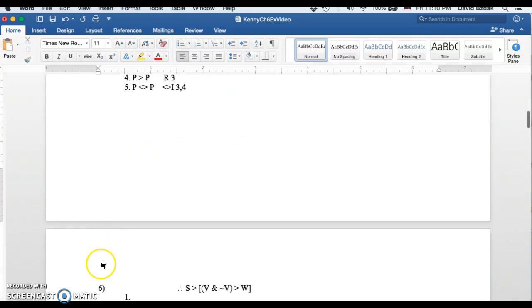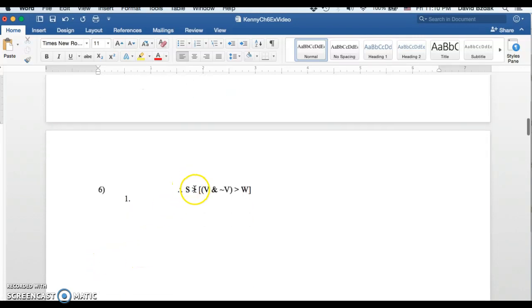Okay, so now let's go to 6. Again, this is the sentence we're given in 6, and remember, it's not a premise. Don't number it. Don't use it. That's what you need to get to. It's a conditional. So again, conditional introduction should suggest itself.